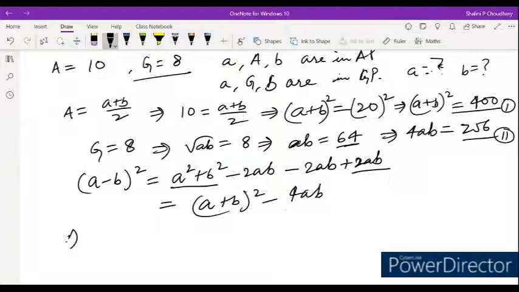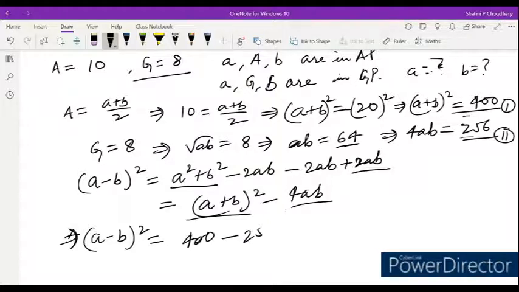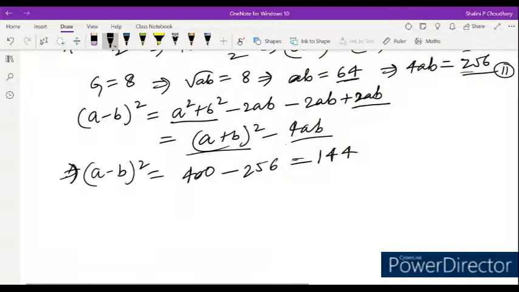Now we'll put the values. (a minus b) whole square will be (a plus b) whole square, that is 400, minus 4ab, that is 256. So 400 minus 256 will be 144. So (a minus b) whole square is equal to 144, which is 12 squared. So we can take plus minus 12.